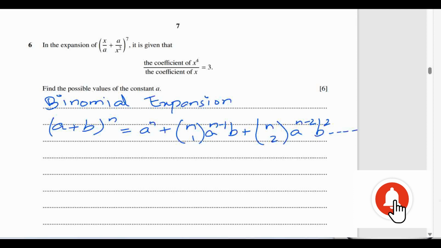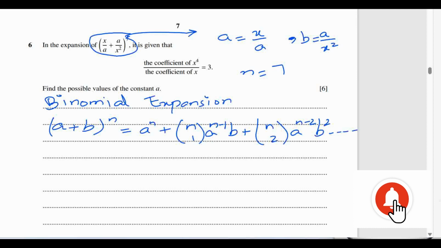Now for this expansion, we will have a equals x by a, whereas b will be equal to a by x squared, and n will be equal to 7. Now we can see from this expression that we will expand this one.